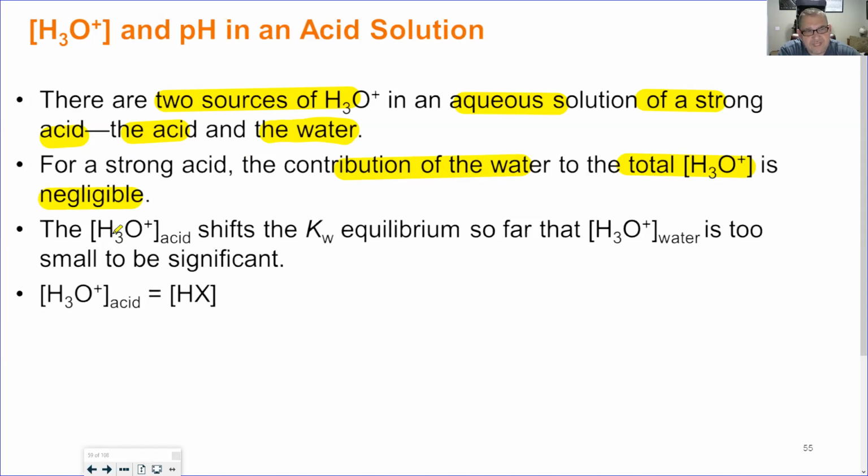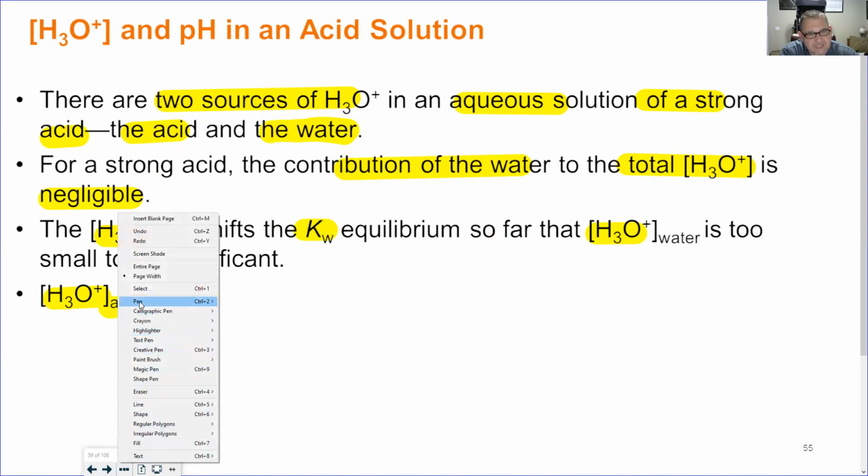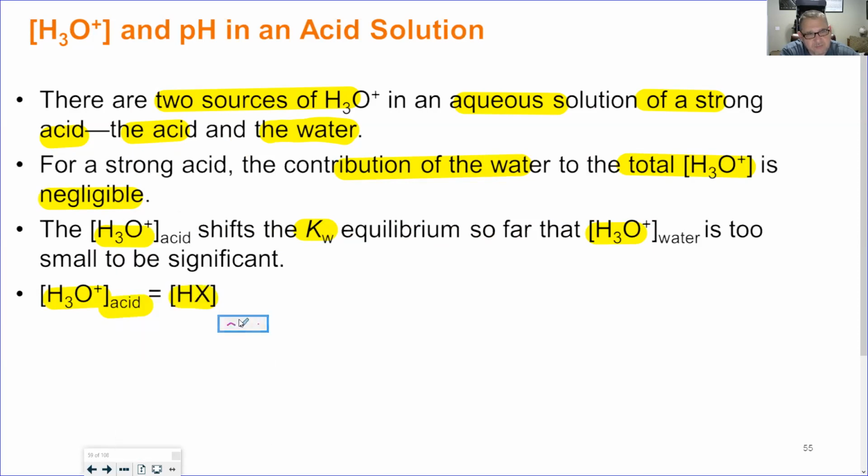What happens is the hydronium ion shifts the Kw equilibrium so far that the ionization of the water is too small to be significant. So when we want to know what is the hydrogen ion concentration for a strong acid system, it's simply equal to the concentration of that strong acid. And sometimes I write these a little bit different than the textbook.